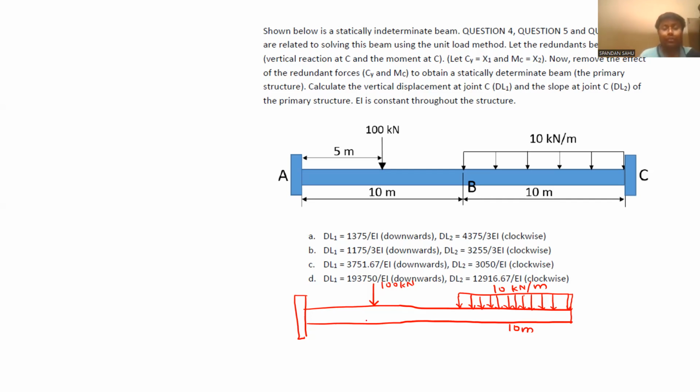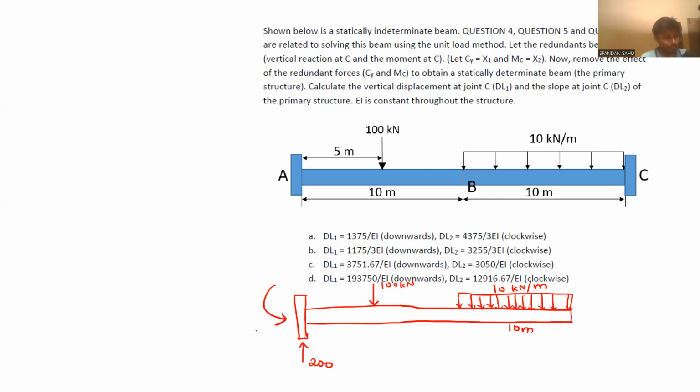Now check this question. 10 into 10 is 100 kilonewton, and a 200 kilonewton upward reaction. This 100 and this 100 will try to rotate the beam clockwise, so one moment will come. How much will this moment be? 100 into 5 plus 100 into 15.